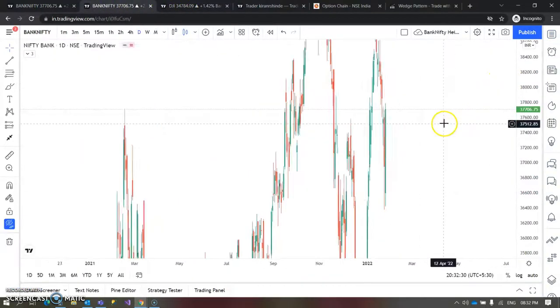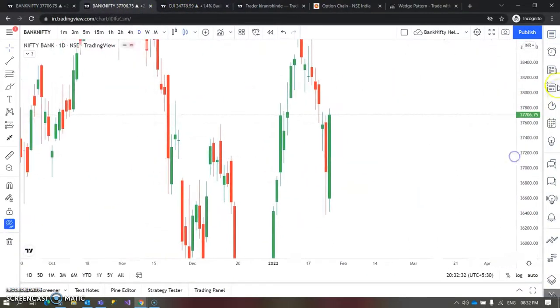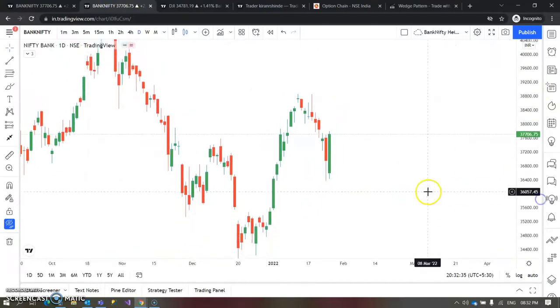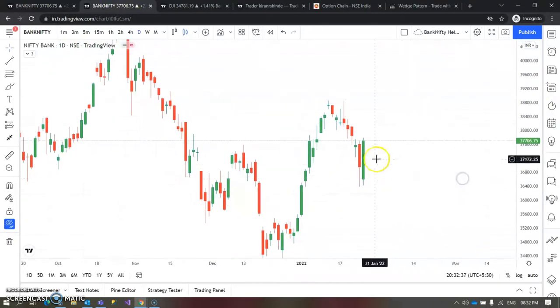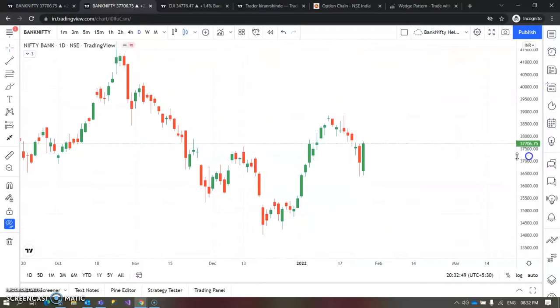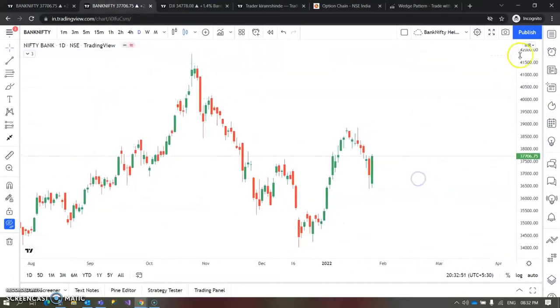Now let us see what we have for Bank Nifty from the day viewpoint. You can clearly identify that this particular candle is a bullish engulfing pattern. Okay, it has completely engulfed the previous candle and we can see a good strong rally. As discussed previously, if the market has to touch this 40,000 or all-time high, it has to make a support zone in between.